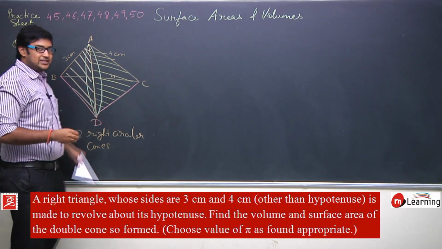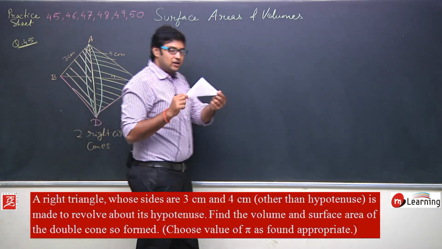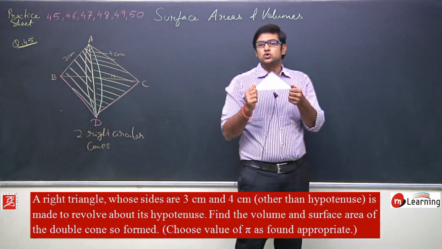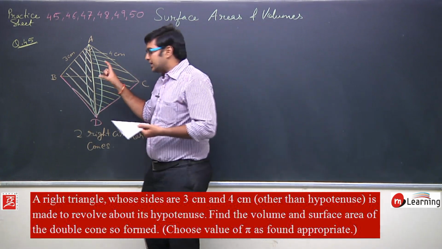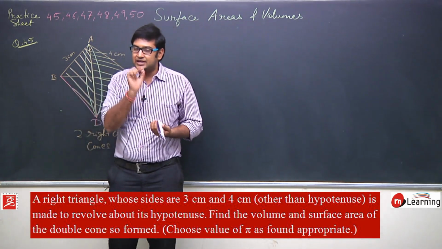So you can see if I rotate this right triangle about its hypotenuse, I will get two right circular cones. It will form a solid figure and the two right circular cones can be seen very clearly.